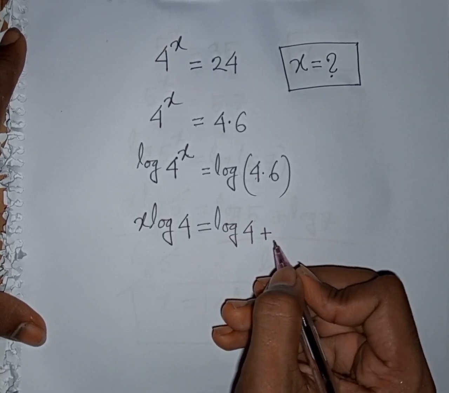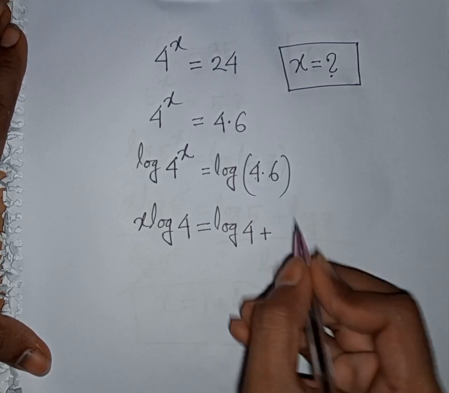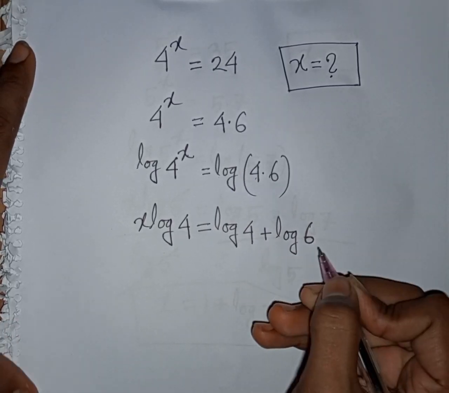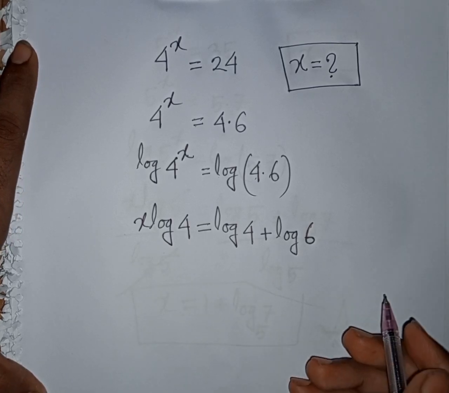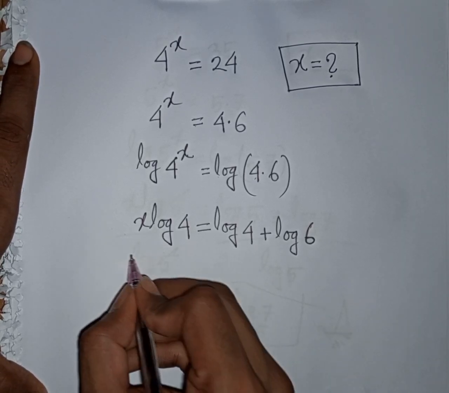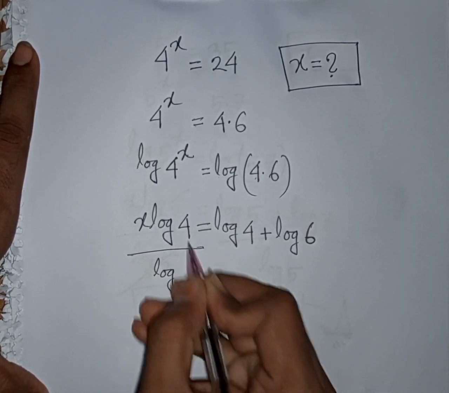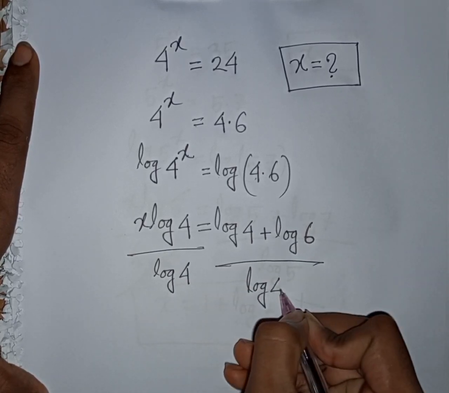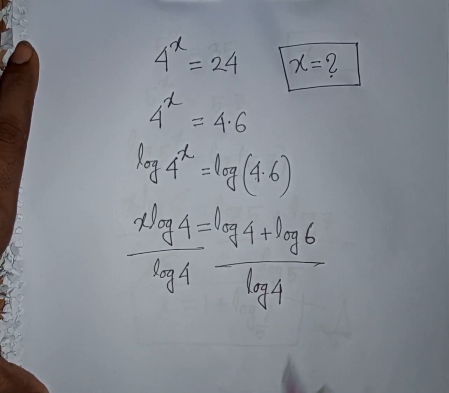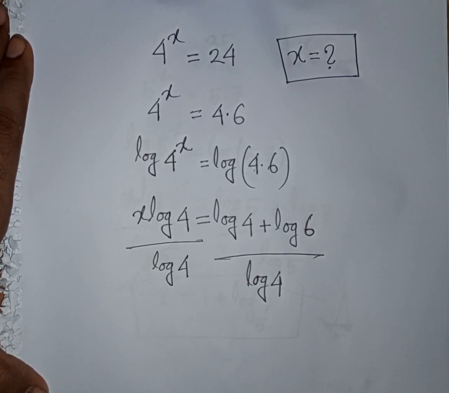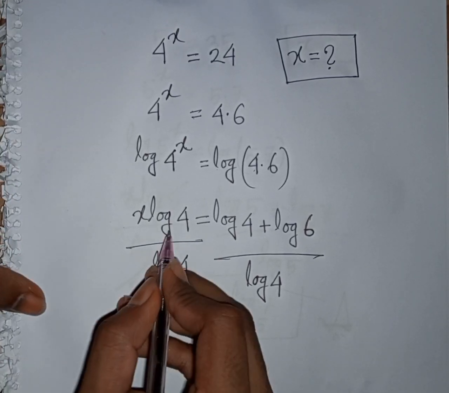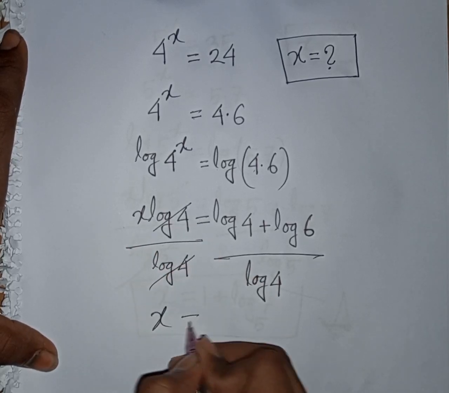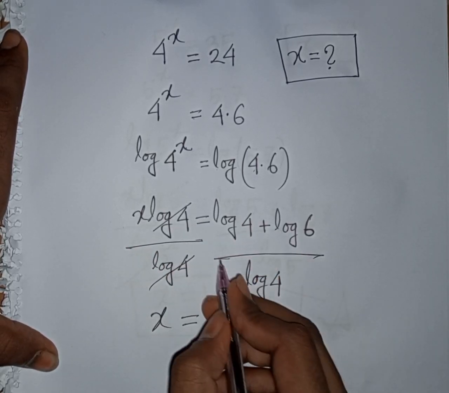Now we divide by log 4 on both sides because we need the value of x. This log 4 will be cancelled, so here x will be equal to this divided by this.